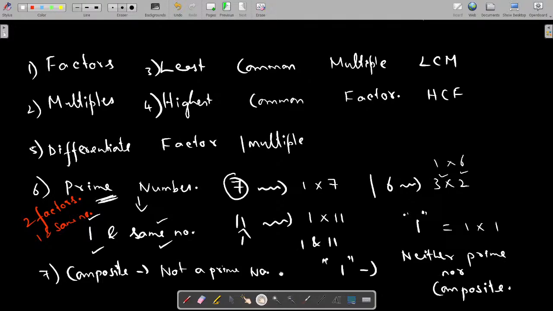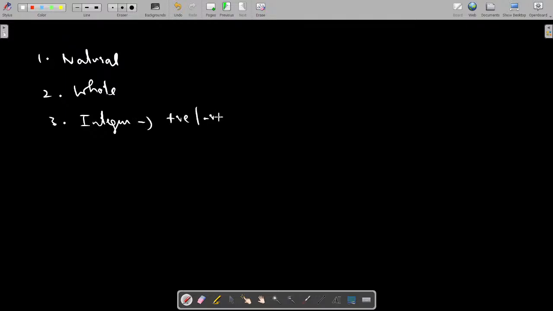So overall, we have learned so many terms today. First one, natural numbers. Second one, whole numbers. Third one, integers: positive, negative, 0, non-negative and non-positive integers. Actually, we will not use this word, it's very rare.